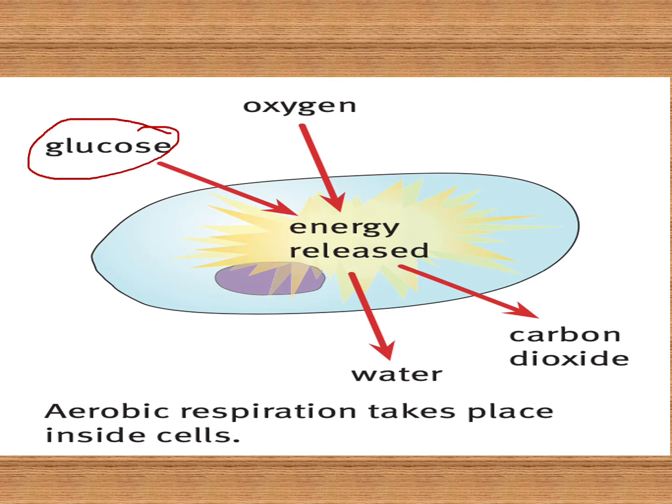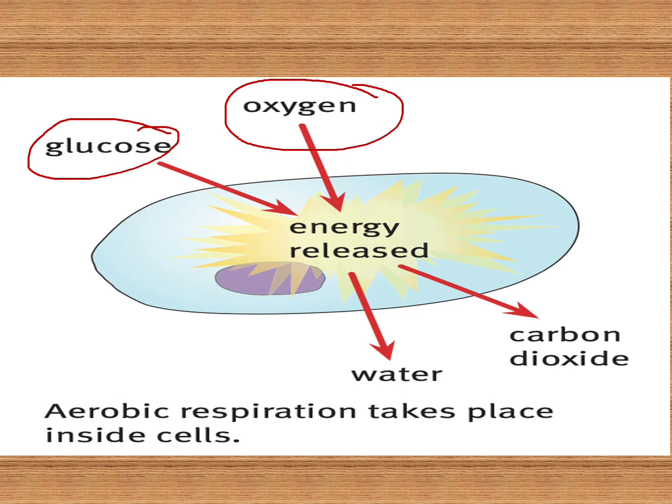We did how carbohydrate digests to form water soluble small glucose molecule, right? This glucose reaches into each and every cell of our body. There it reacts with the oxygen which we inhale, which we breathe in, going into the lungs, and from the lungs by the process of diffusion this oxygen goes into the blood, and from the blood oxygen also goes into each and every cell of our body.